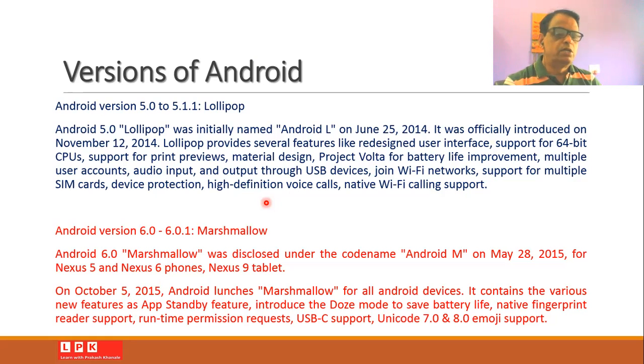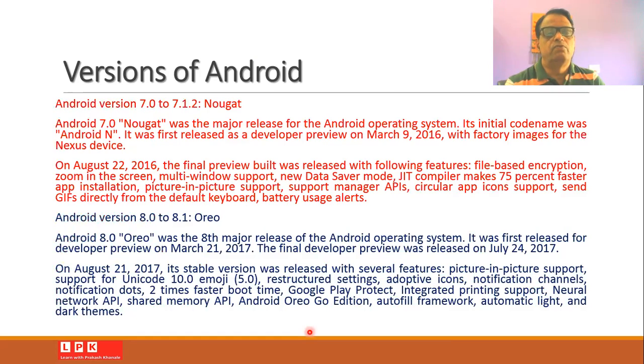Next, we have the version Android Marshmallow, which was Android version 6.0, and it is also called Android M, and it was introduced in 2015. So this provides many new features such as the app standby feature, better battery life, native fingerprint reader support, runtime permissions request, USB-C support, and Unicode 7.0 and 8.0 emoji support was provided in this version.